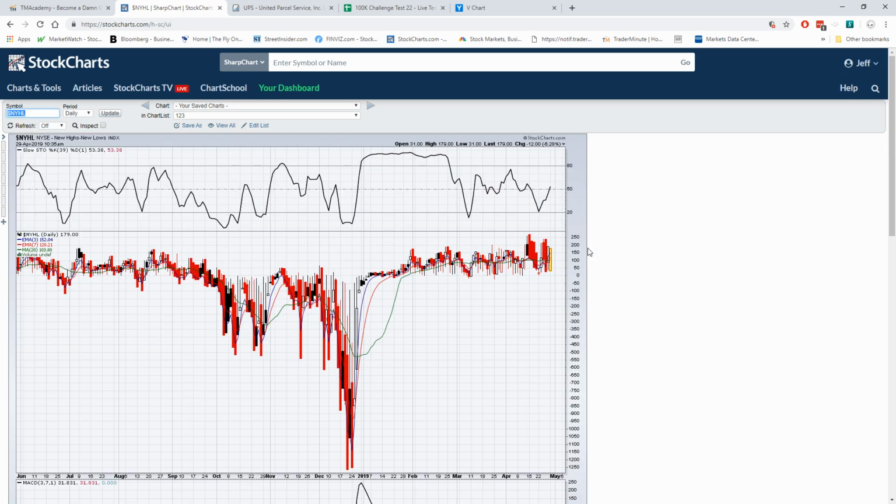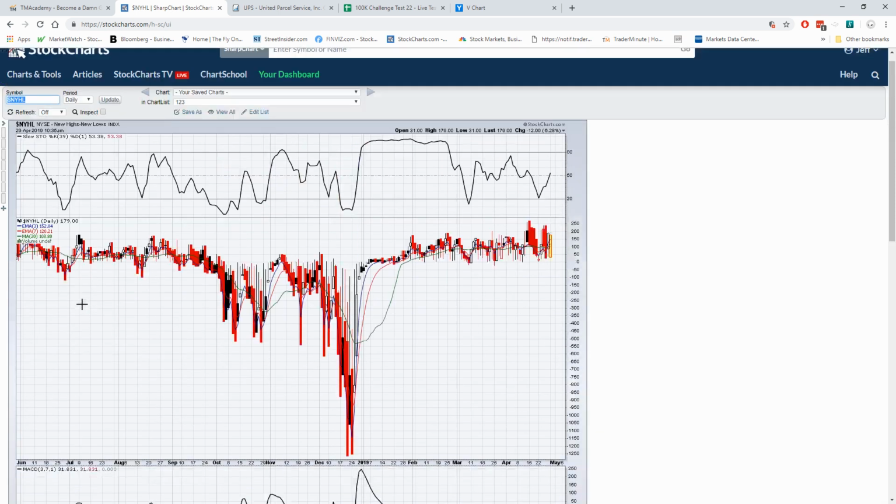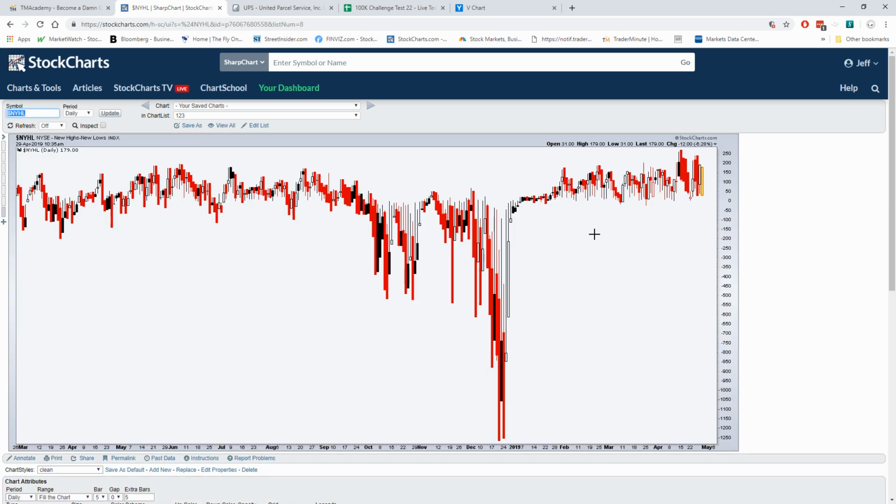But I want to show you a chart, and let's clear this of all indicators. This is the number of stocks setting new highs versus the number of stocks setting new lows. In and of itself, we have more new highs being set right now than new lows.